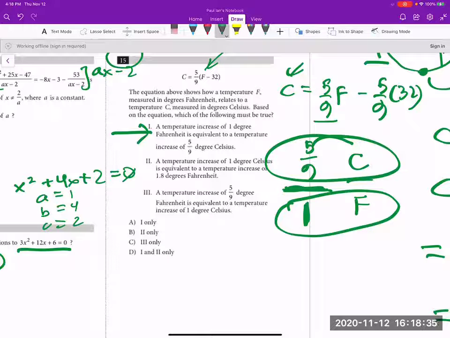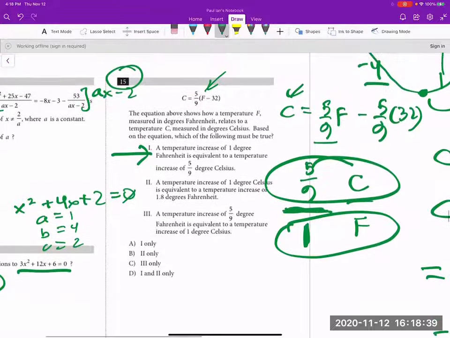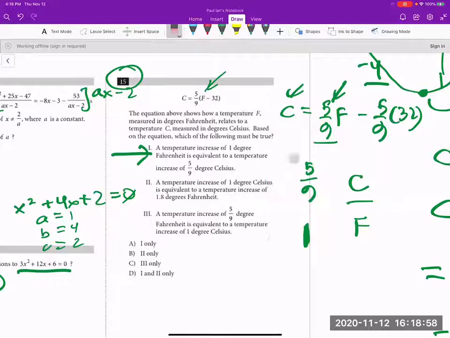Every time they do something like this, like an increase in temperature, and they give you a linear equation, I would create the slope, whatever the slope number is, you could always make it over 1, and that's just a trick. Then go back to the statement and prove to yourself that it's true. So in this case, it's true, right?